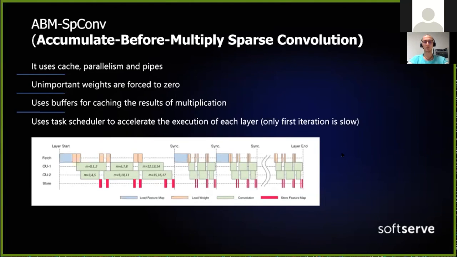This approach leaves half of the board free, so you can use this space to deploy something else on the board. And in this approach, only the first iteration, the first applying of the kernel, is very slow, and all other operations are faster and faster.